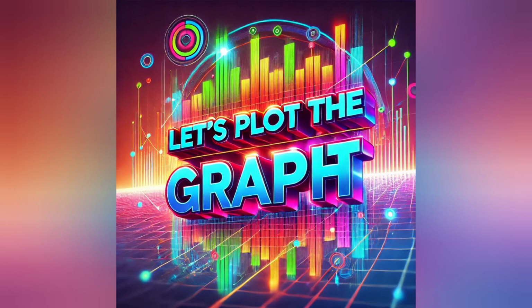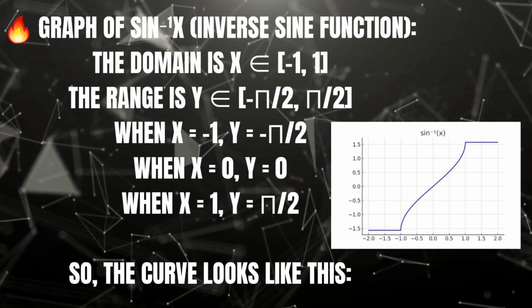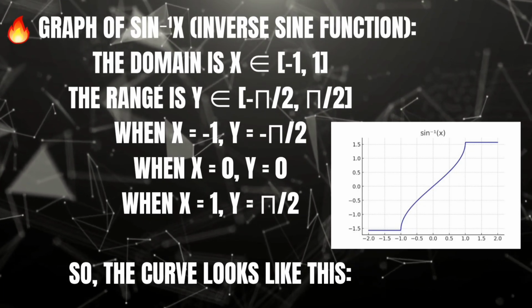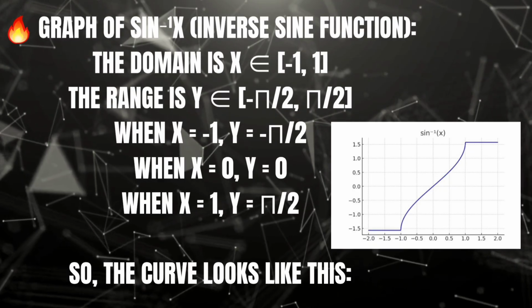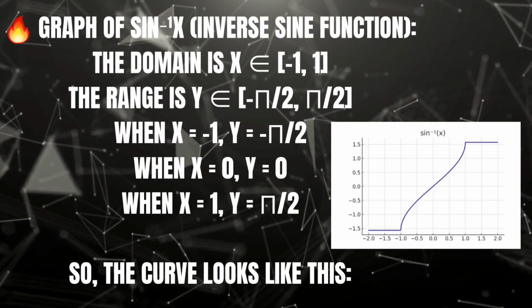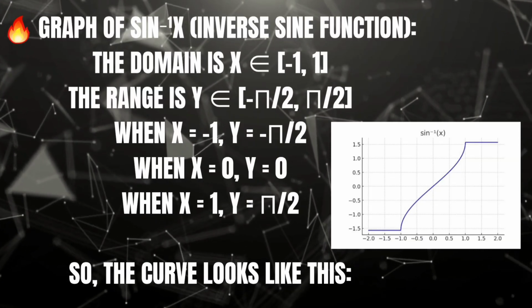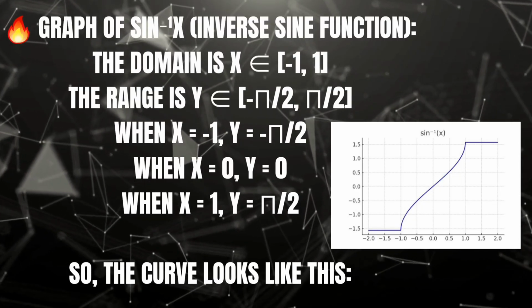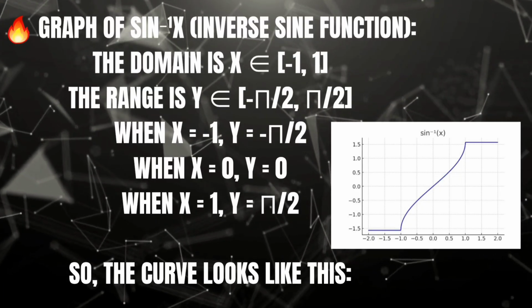Let's plot the graph. Graph of sine inverse of x, right? See the figure, it's the curve of sine inverse. The domain is x belongs to -1 to 1, range is y belongs to -pi/2 to pi/2 and when x equal to -1, the value of y is -pi/2, x is 0, y is also 0 and x is 1, y is pi/2.